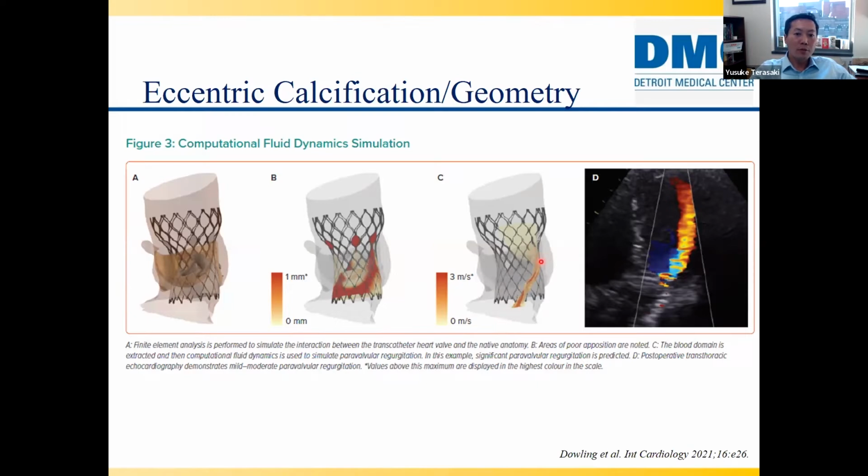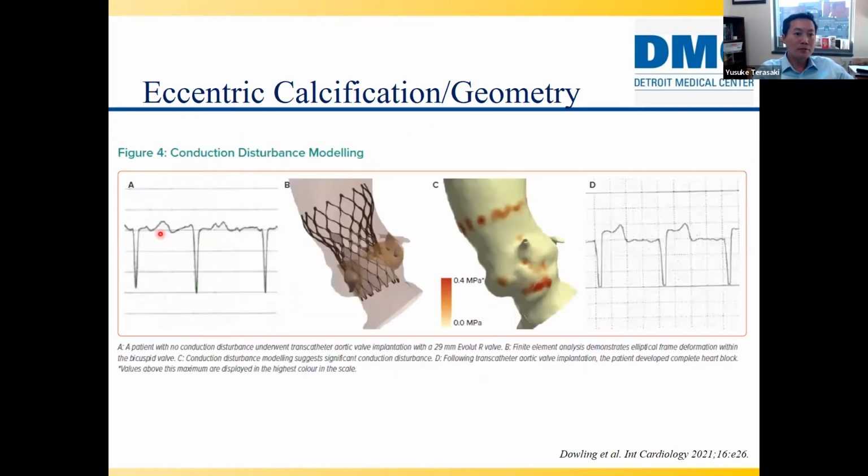Here they were able to calculate and predict an amount of paravalvular leak just by CT scan. When they got an echo on the same patient, you can see the paravalvular leak present in exactly the same location that they predicted using this computational fluid dynamics, which is really pretty incredible.